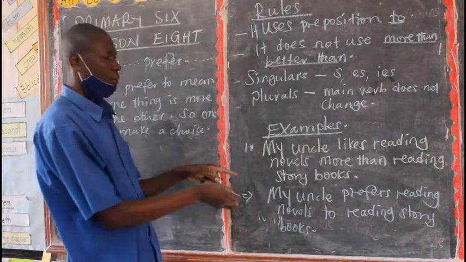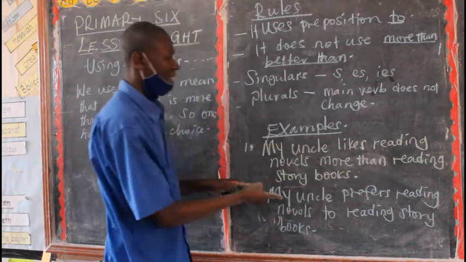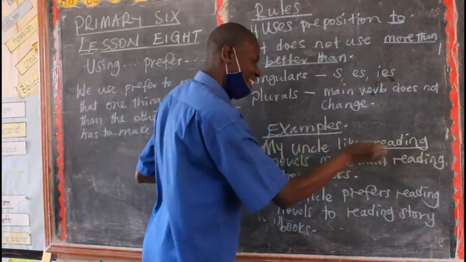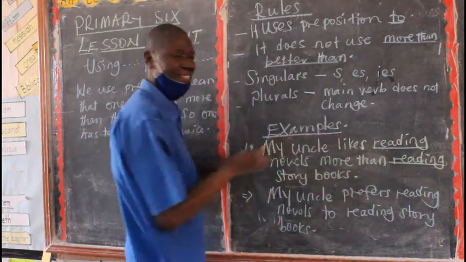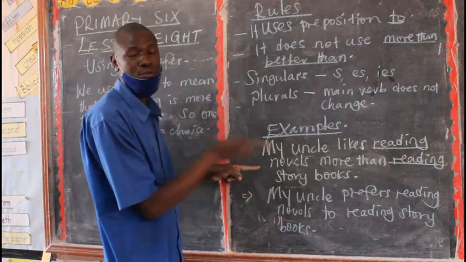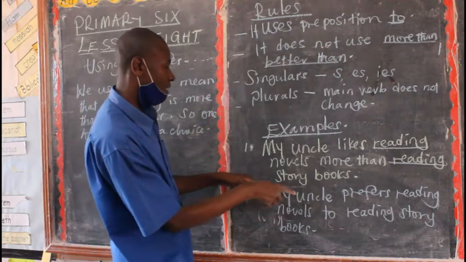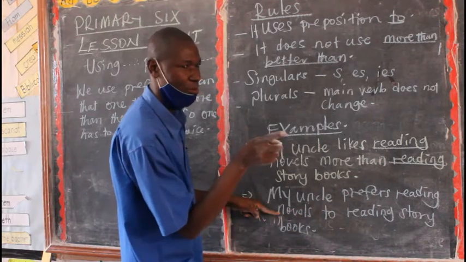Maybe something I want to explain here. Listen carefully. When there are two action verbs, this is reading here in the first sentence, and still it is in the second sentence, it must be repeated. It's not supposed to be used once. What am I trying to say? If you come here and say, my uncle prefers reading novels to storybooks, that one will be wrong.